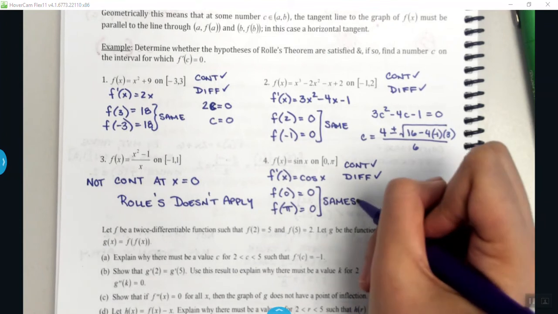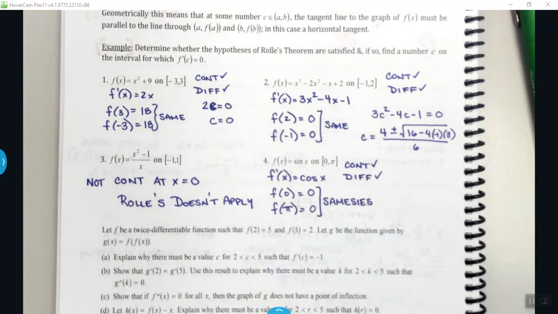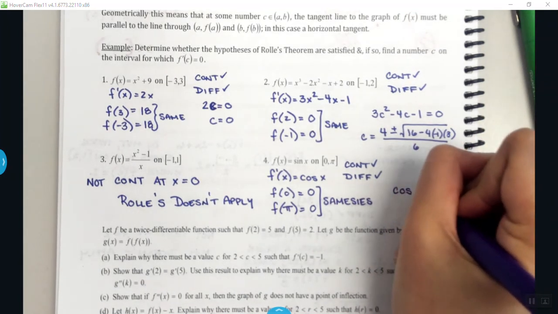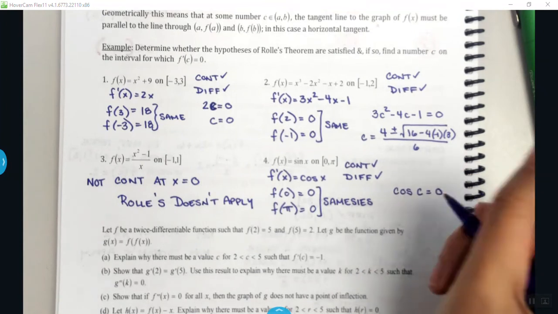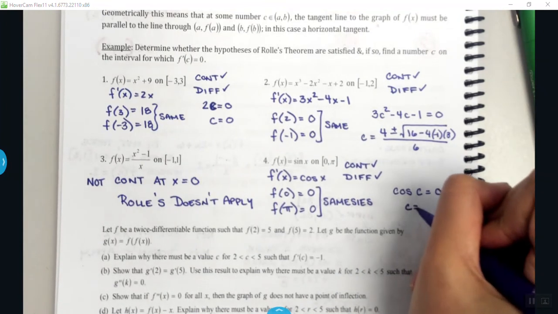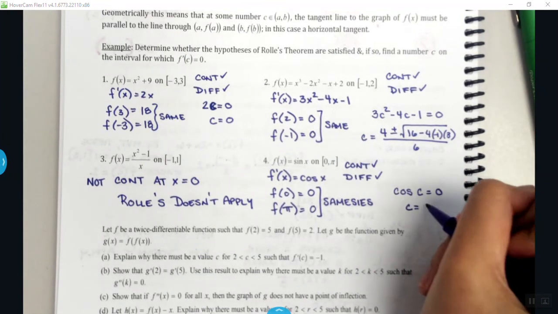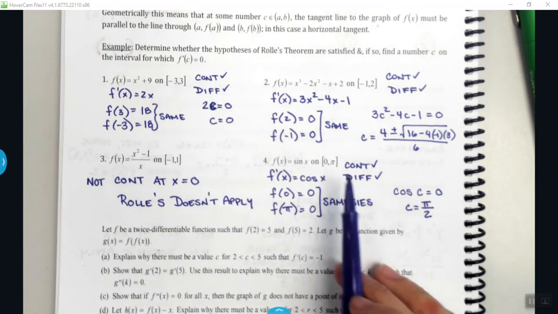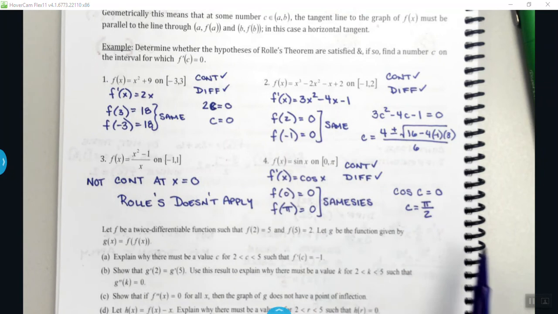Oh, I wrote samesies. Whatever, I'm going to keep going with it. Okay, then if they're samesies, we set the derivative, cosine, equal to 0, and then when is cosine 0? At pi over 2. Yeah, but 3 pi over 2 is not on our interval. We'll just choose pi over 2. Okay? Cool? All right, finito.